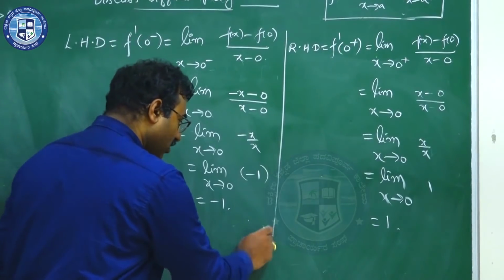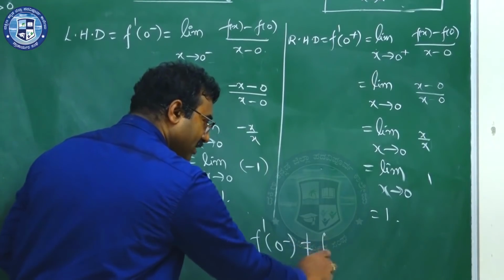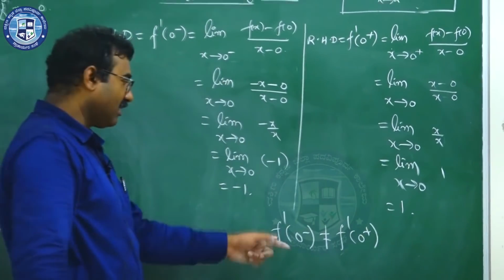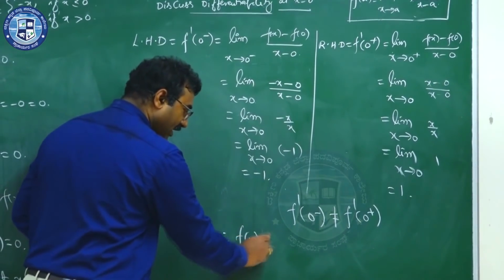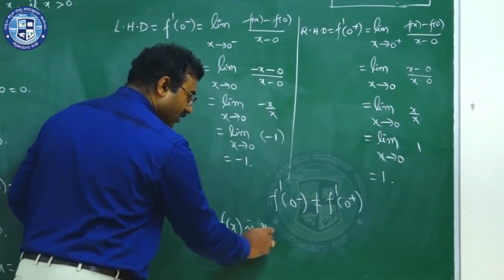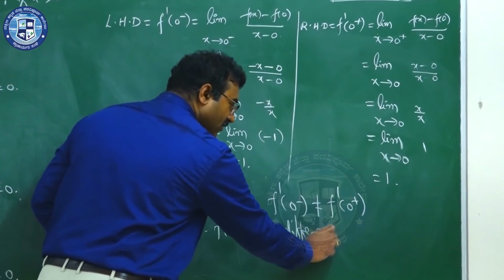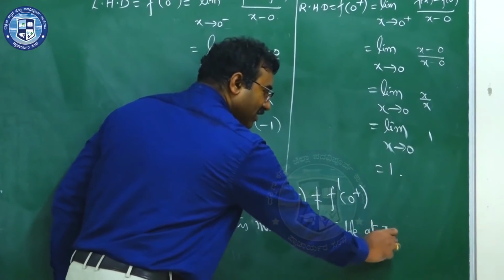It means f dash of 0 minus is not the same as f dash of 0 plus, right. That means we can write now, therefore, f(x) is not differentiable at x equal to 0.